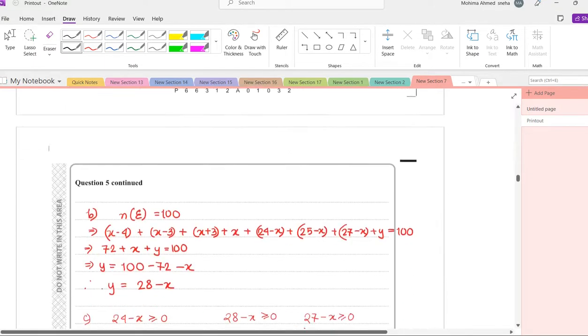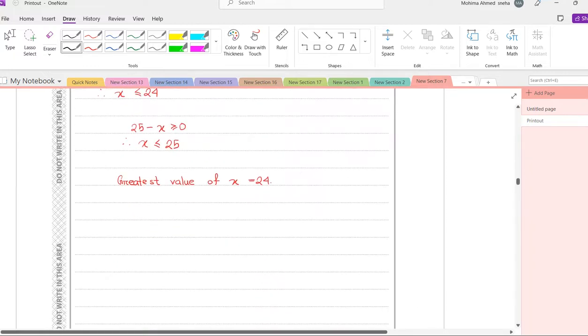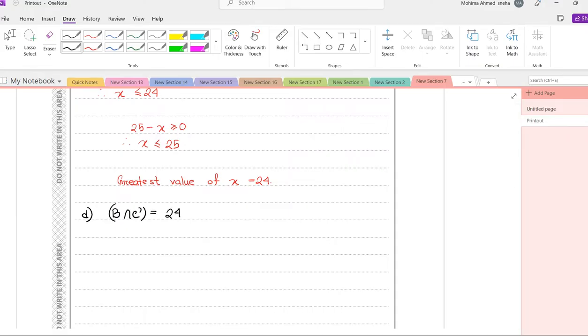So you're going to just move to the end of the paper where we were writing, that was D part. B intersect C prime has 24 minus x and x minus 3. These are the values under the set B intersect C prime.